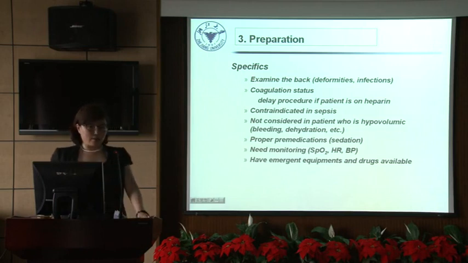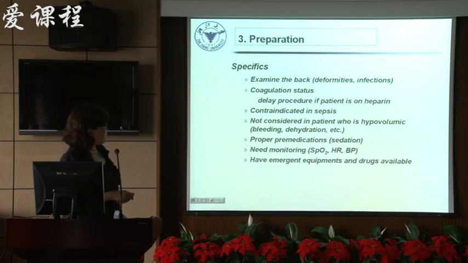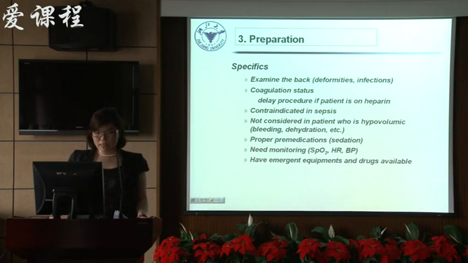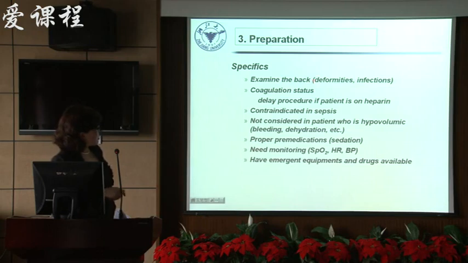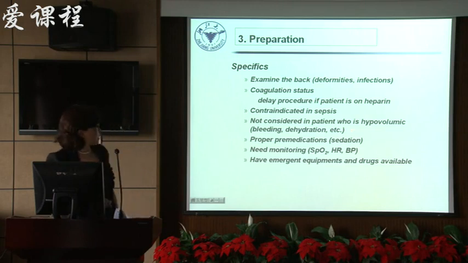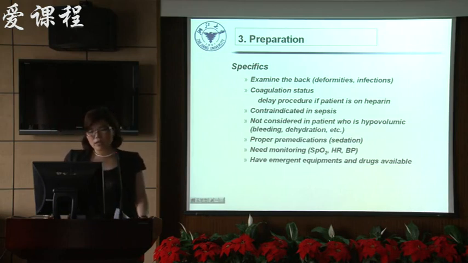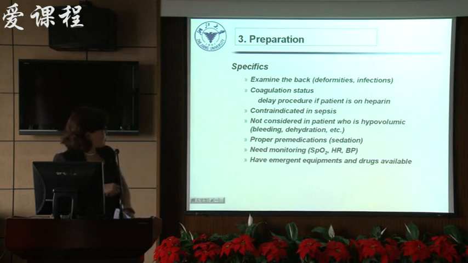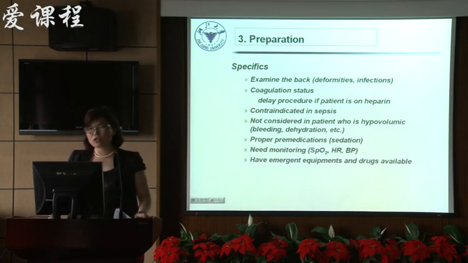If the puncture site has any infection, we cannot give epidural or spinal anesthesia, and also the deformities, if the patient has some deformities on the back. Another one is coagulation status. It's very important. If the coagulation status is not normal, we cannot give the puncture, right?